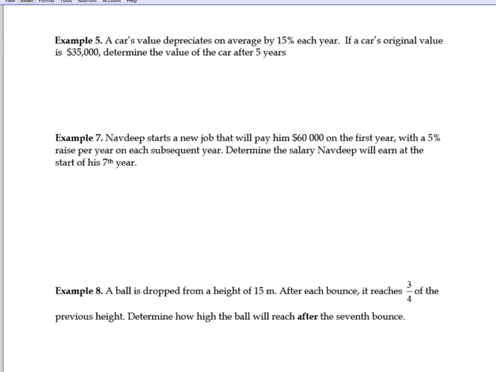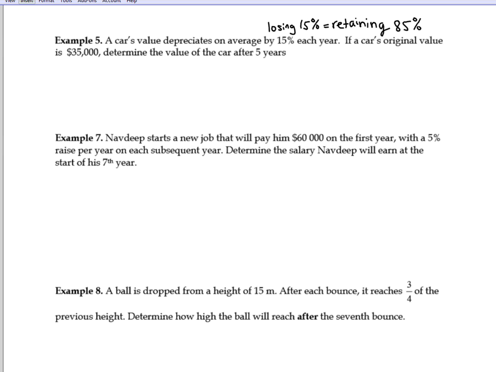If you're losing 15% each year, how much are you retaining? So you're losing 15%, that means you're retaining what percent of the value? You're not retaining 100 because it's going down by 15%. You're retaining 85%. Okay?